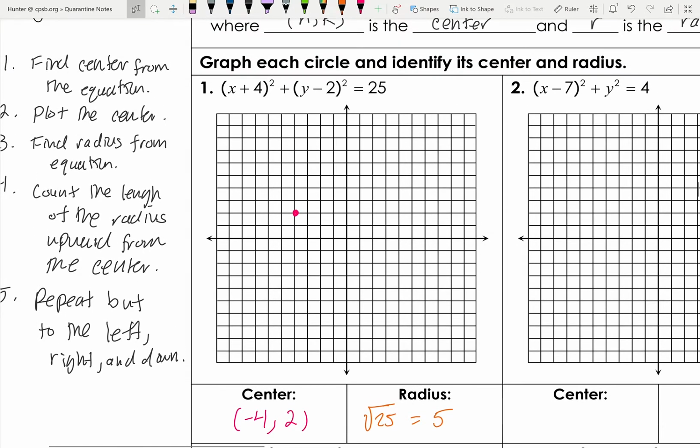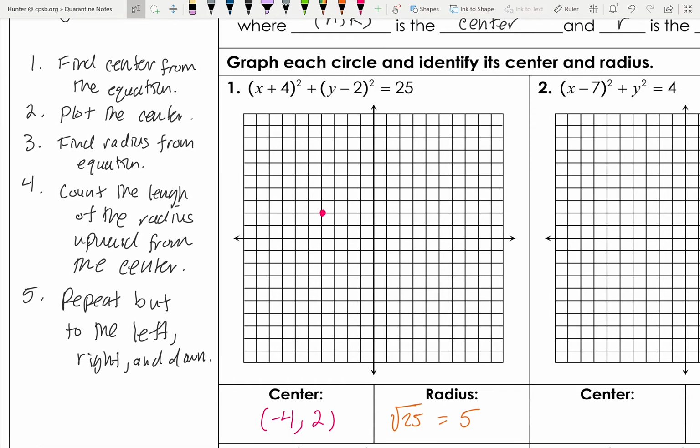In step 4, I said to count upward the amount of the radius. So I start at my center, I go up 1, 2, 3, 4, 5. Plot a point. Now let's do the same thing for going left, going right, and going down. 1, 2, 3, 4, 5.